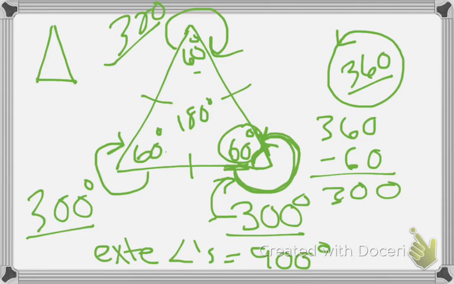So if you add up all your exterior angles, it has to equal 900 degrees. Okay, so inside, or interior angles of a triangle, is 180. The exterior is 900.